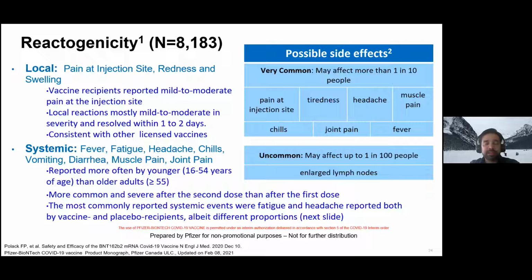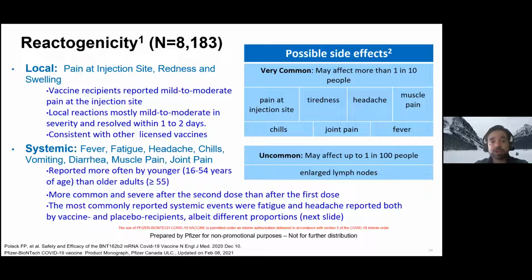Now, systemic reactogenicity events are categorized into several different symptoms like fever, fatigue, headache, chills, vomiting, diarrhea, muscle pain, and joint pain. And interestingly, and maybe this makes sense, the older people actually fare slightly better than the younger 16 to 54 years of age cohort in terms of the side effects. And the side effects were more common and severe after the second dose than after the first dose.